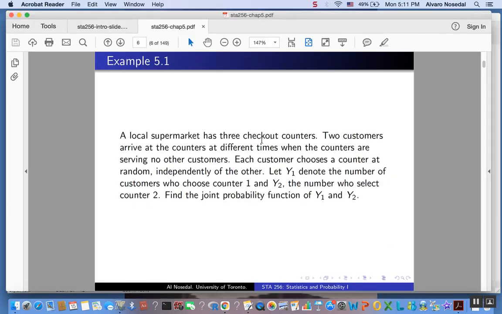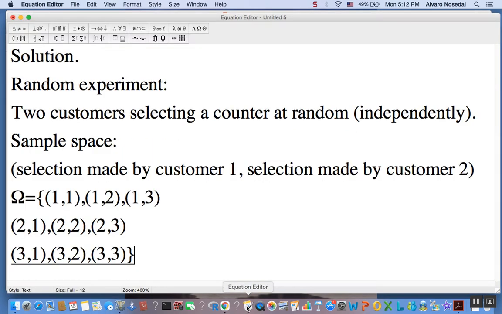We have 3 checkout counters and only 2 customers. That's why our sample space looks like this. For instance, that point means that the first customer went to checkout counter number 3, and the second customer went to checkout counter number 1. Makes sense?